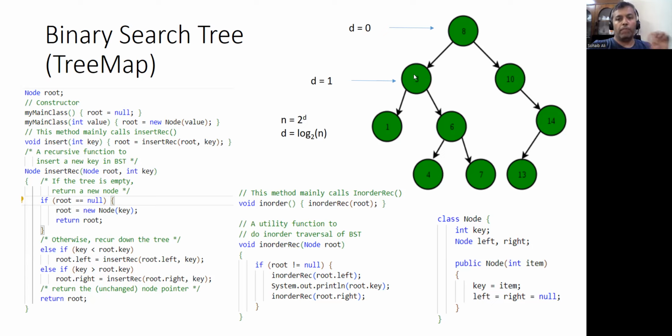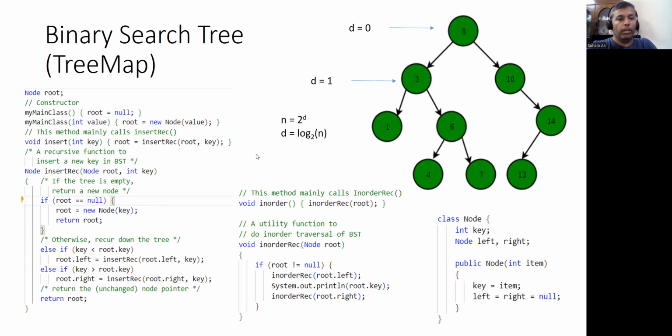And so therefore, at maximum, we need to have 3 hops to find any element, which means that the searching for any particular element is dependent upon the depth or height of the tree, not directly on the actual number of nodes that we have. Obviously, d depends upon n, but every operation will have direct dependency on this depth or height of the tree, which is represented here by d.